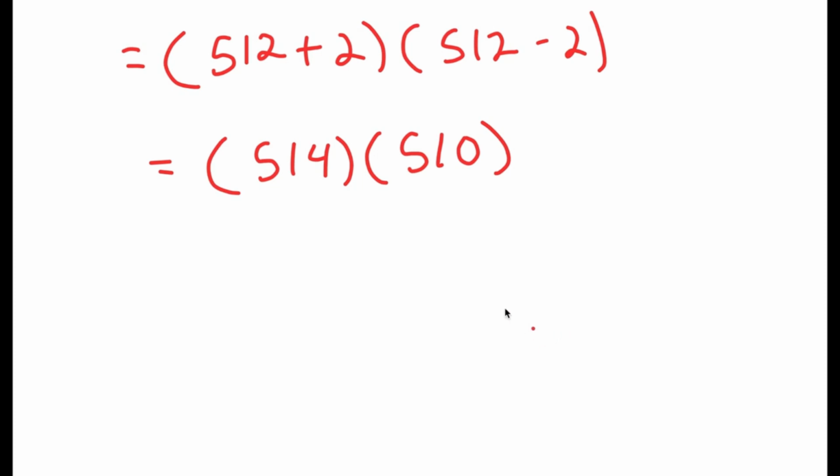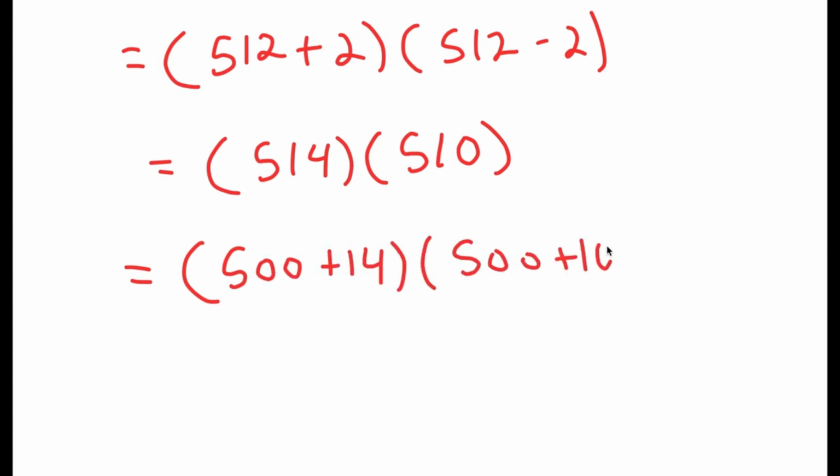Now, what most people would do from here is just simply multiply these two using the normal method. And although you would get the right answer, this takes way too long. So a simpler way of doing this is to rewrite these as 500 plus 14 times 500 plus 10.